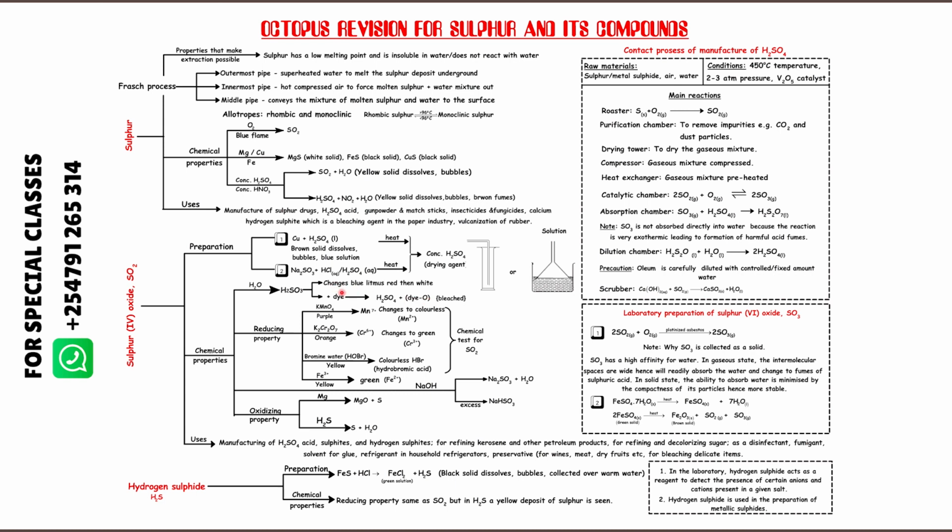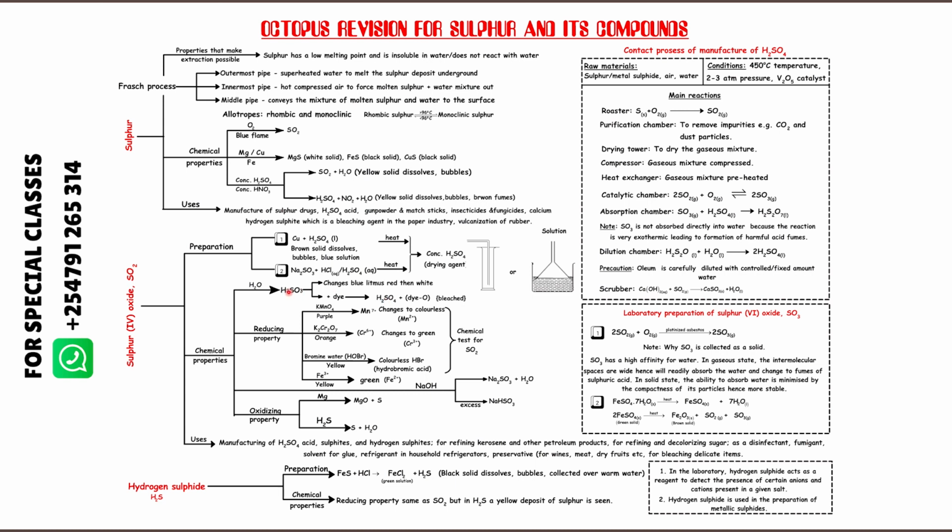So that's why we say sulfur 4 oxide bleaches by reduction, because it removes the oxygen from the dye. It is now different from that of chlorine, which bleaches by oxidation, by adding oxygen to the dye. Remember, chlorine is an oxidizing agent, so it bleaches by oxidation, by giving oxygen to the dye.